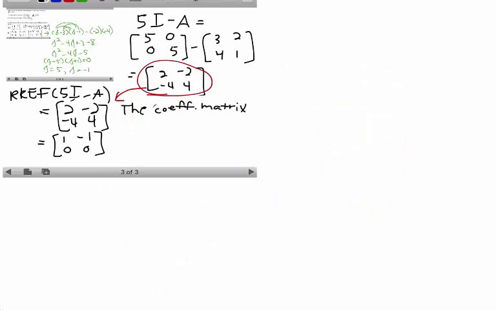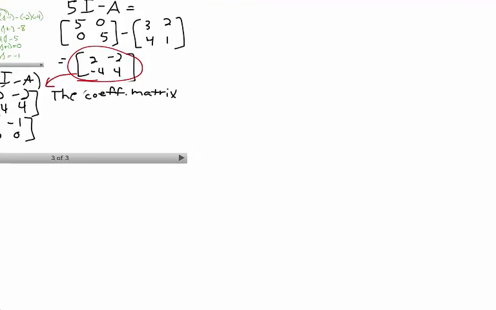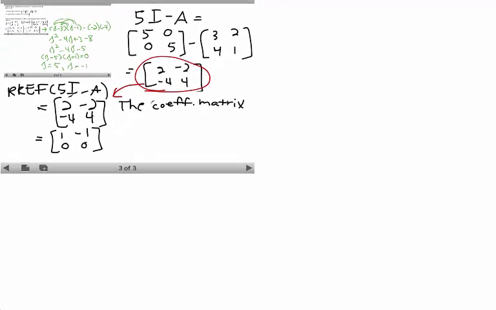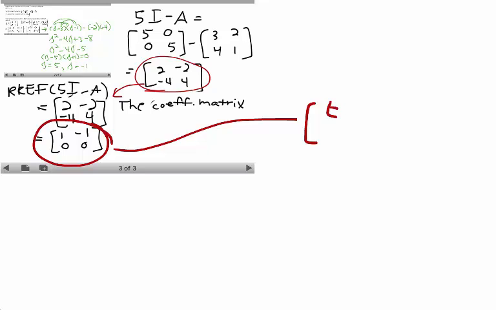It follows that the solutions of the homogeneous system that have this coefficient matrix are all of the form t, t, where we have a 2 by 1 matrix, and t is an element of the reals.